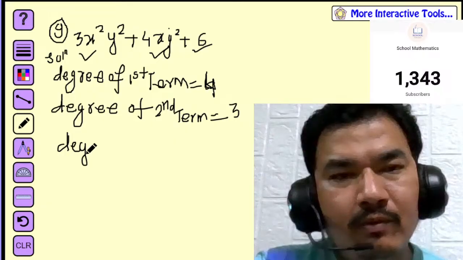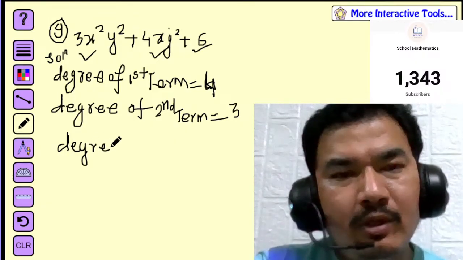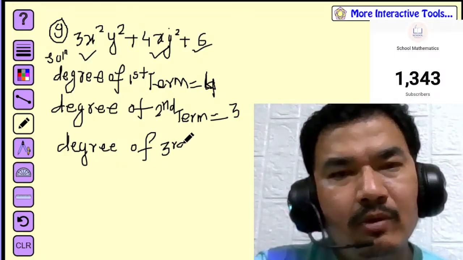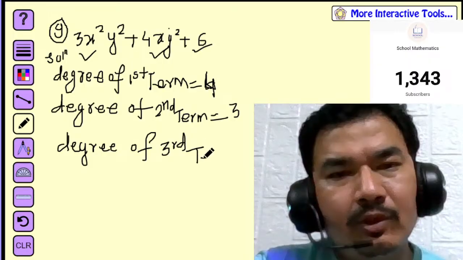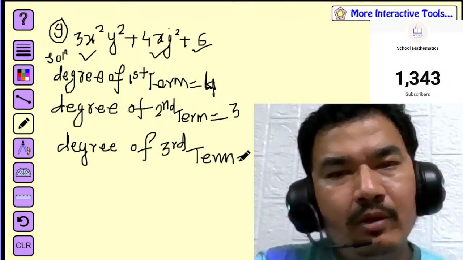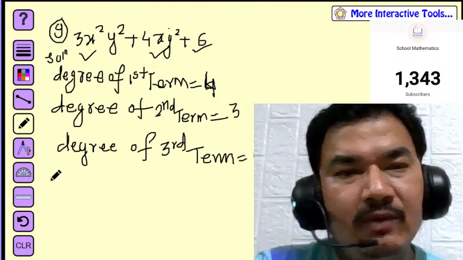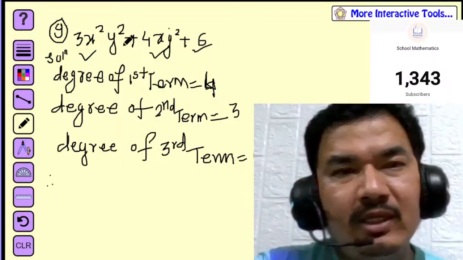Degree of third term equals 0. And among them, which one is the highest? The highest one is the degree of this polynomial.